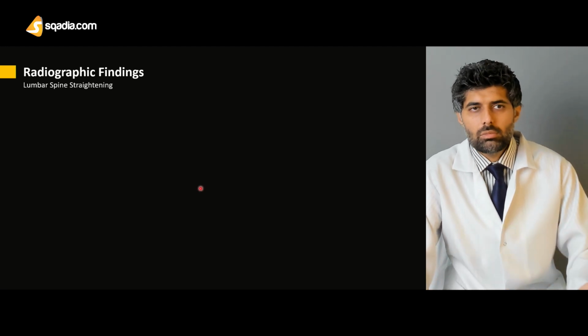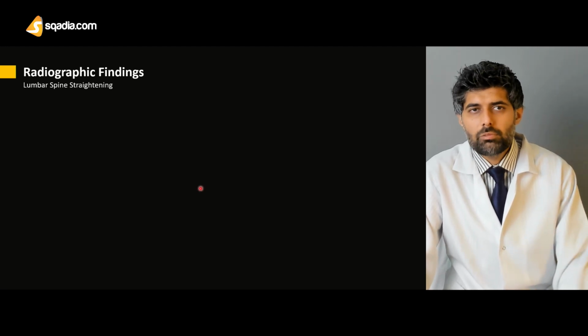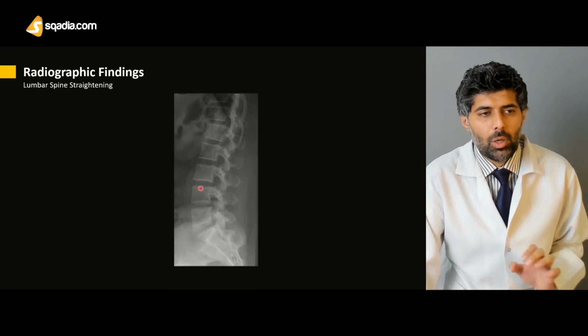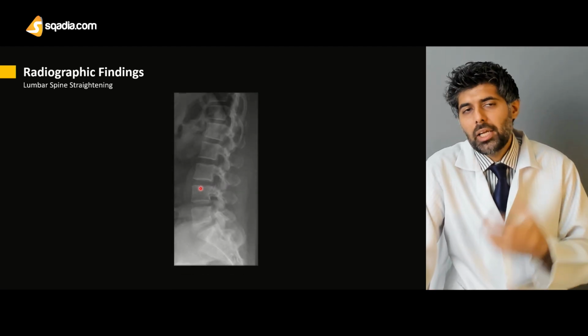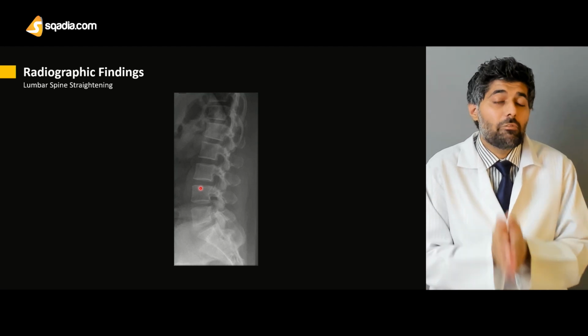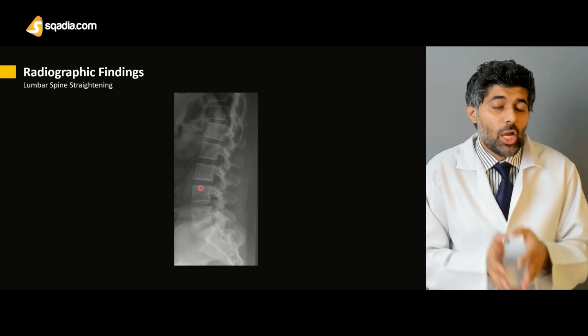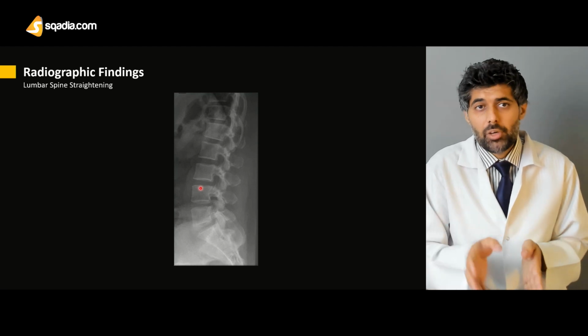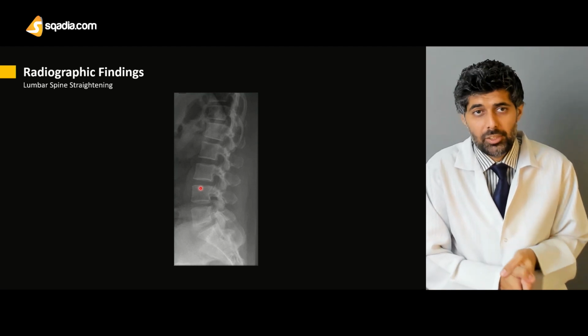Next, as for the radiographic findings, we're going to study the lumbar spine straightening. Now, this is again a very crucial finding and usually points straight to ankylosing spondylitis.